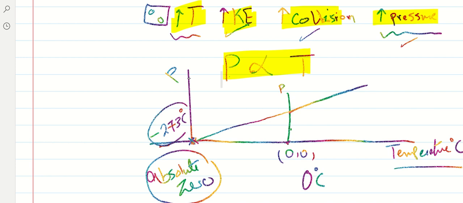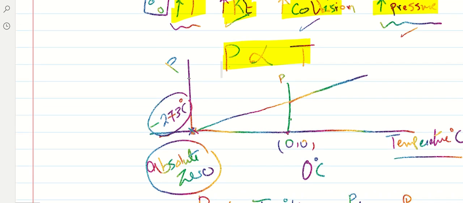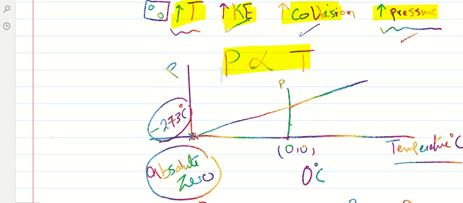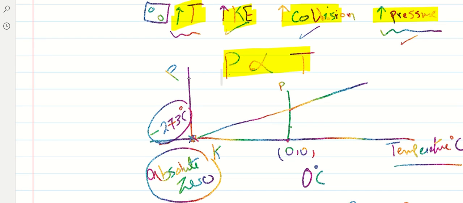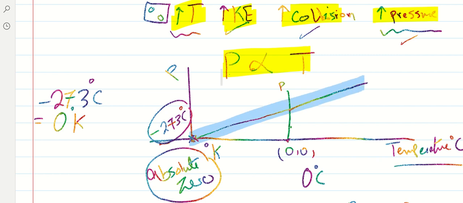It happens at minus 273, and there is a new scale which is called the Kelvin scale. And minus 273 Celsius equals 0 Kelvin. How to convert? Now, if you look at this relationship, this is a straight line passing through the origin, because that is 0 Kelvin and 0 pressure.